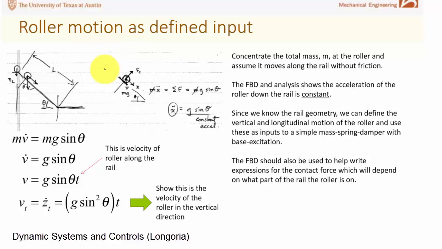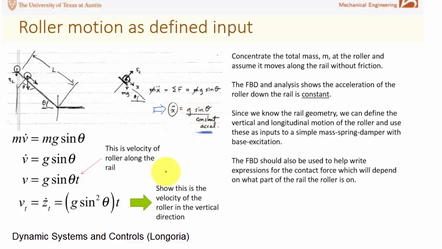Well, let's go ahead and concentrate all the mass at the roller. And then this can be treated as just a particle falling down this rail. We'll do a free body diagram here, and you can see that if you focus on the motion along the rail here, it's some known angle theta. Simply, you can show that the acceleration, or the rate of change of the velocity, x double dot, is just g sine theta.